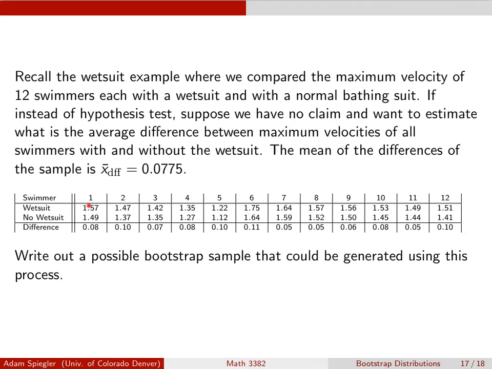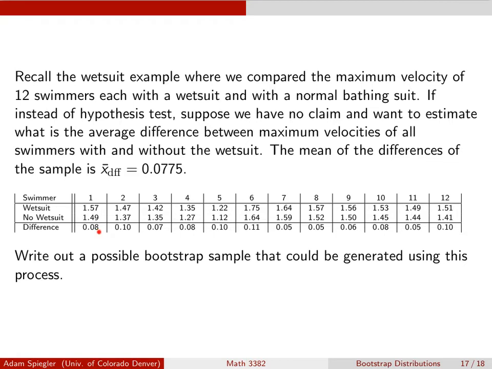What's being recorded in each of these values is, here's a swimmer. They swam wearing the new fancy wetsuit, and their maximum velocity with that wetsuit was 1.57. Then they swam again without a wetsuit, wearing just a regular bathing suit. So this swimmer had a difference in maximum velocities of 0.08 meters per second.